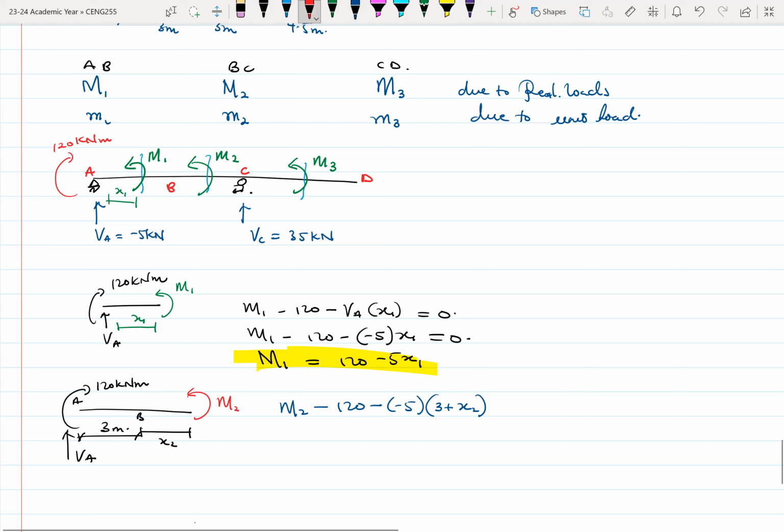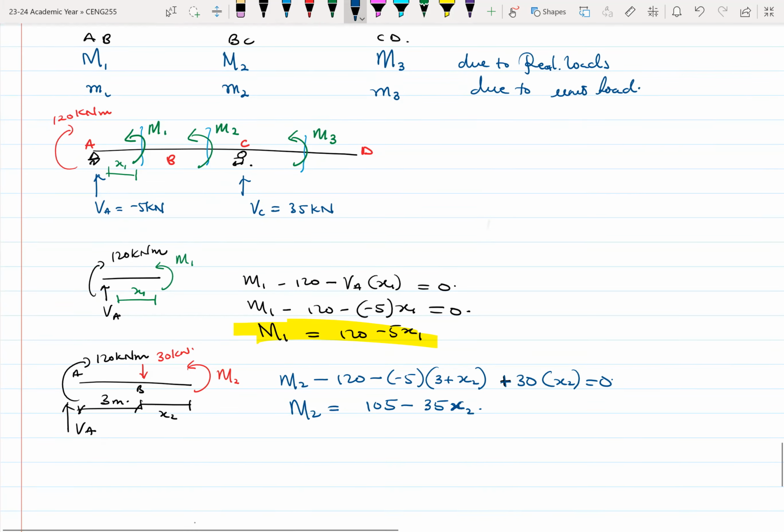Sorry, I forgot about the 30. There's a 30 kilonewton load over here. So plus 30 times X2 equals 0. So here our M2 will be equal to 105 minus, I think, 35 X2.